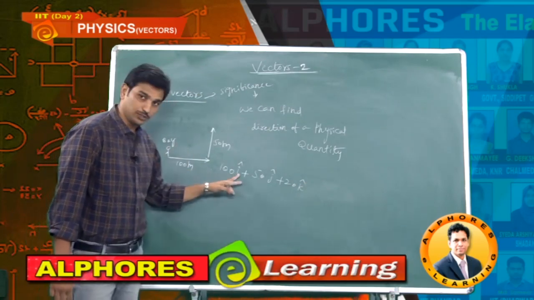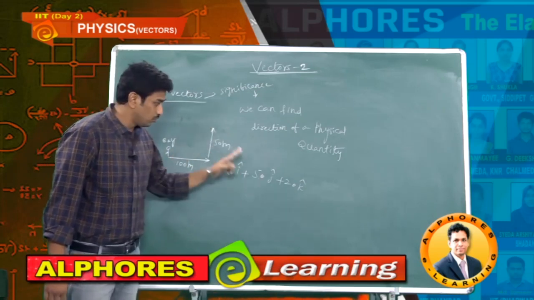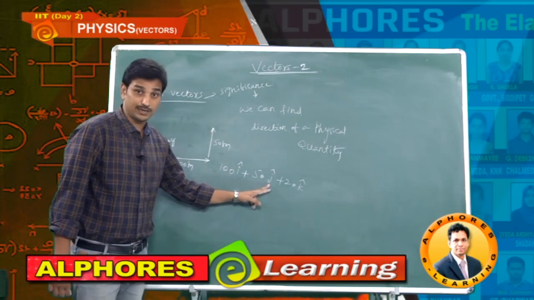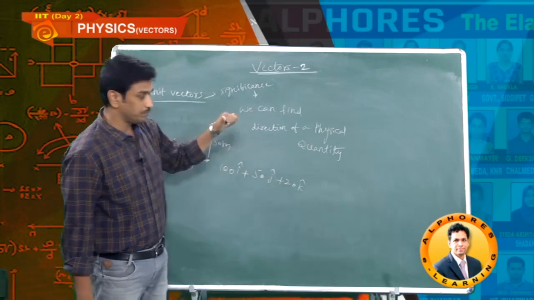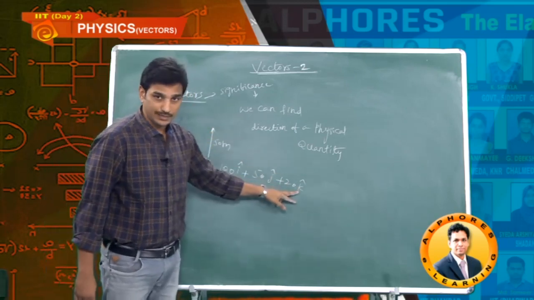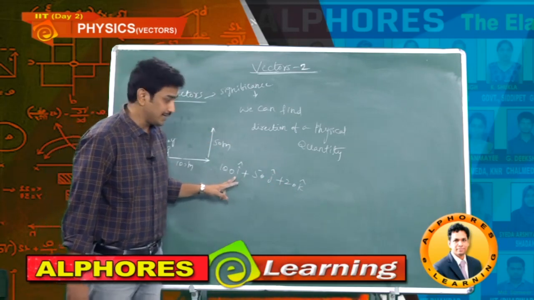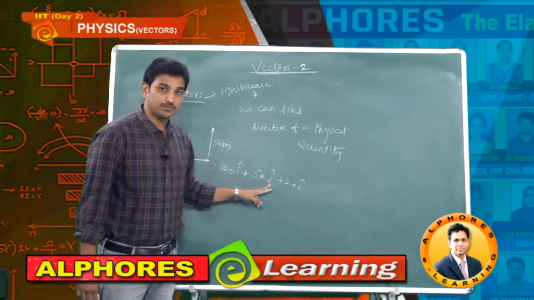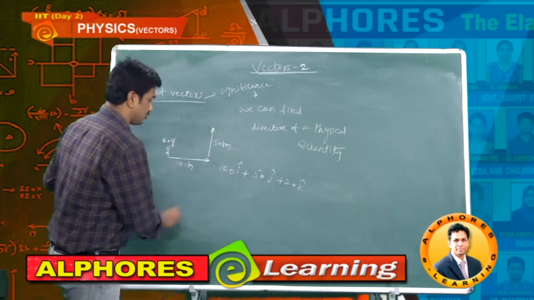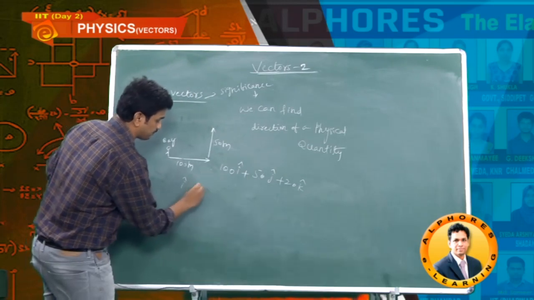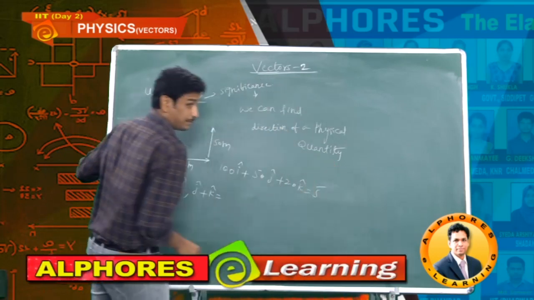I cap represents the positive x direction, J cap the positive y direction, K cap the positive z axis direction. So now I will write here I cap, J cap, K cap. So here it is the total displacement vector.